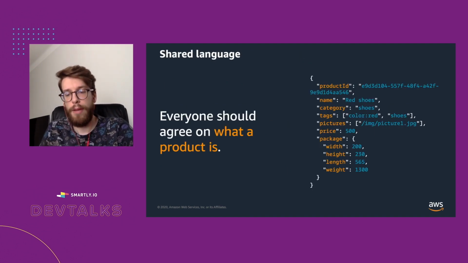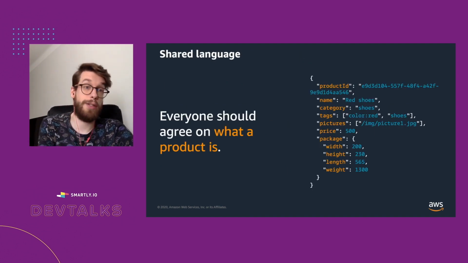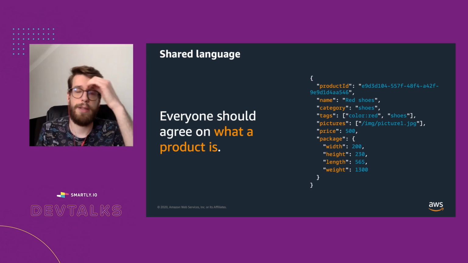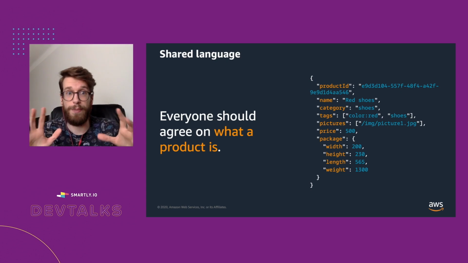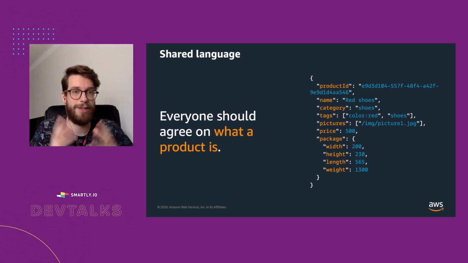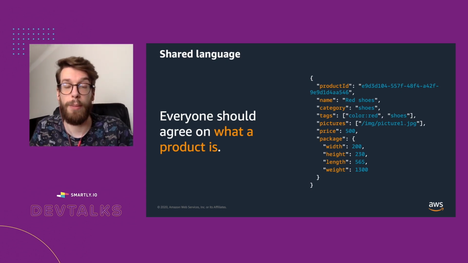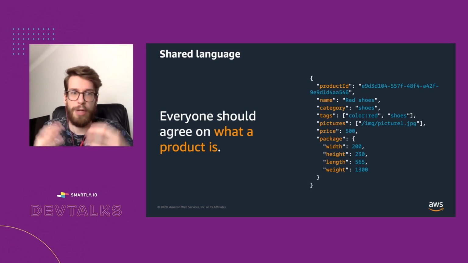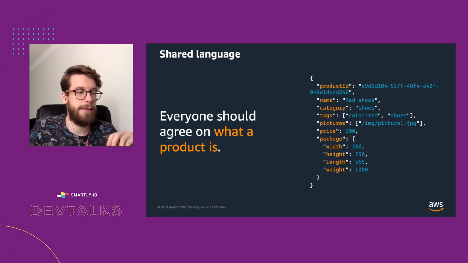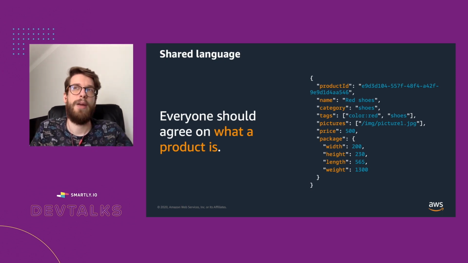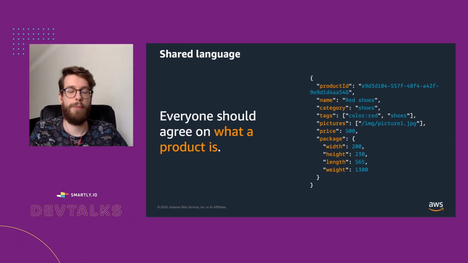And so another thing about the platform level contract is the shared language that I teased a bit. Everyone should agree within the e-commerce platform on what a product is, because it's such a key part of the e-commerce platform. So we should have an agreement on what the definition of a product is, but also what information it contains. And the thing here is that what makes sense for the e-commerce platform might be different for the business units.